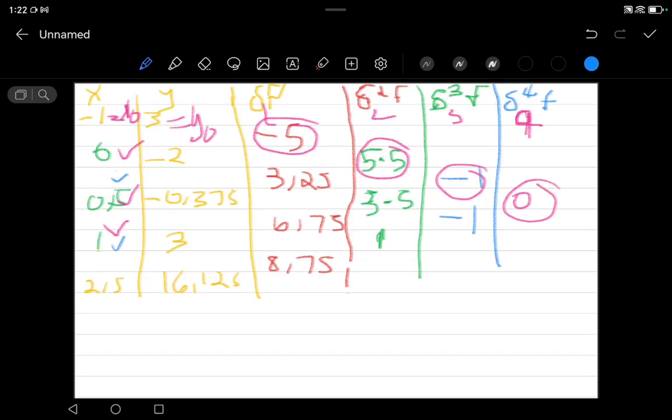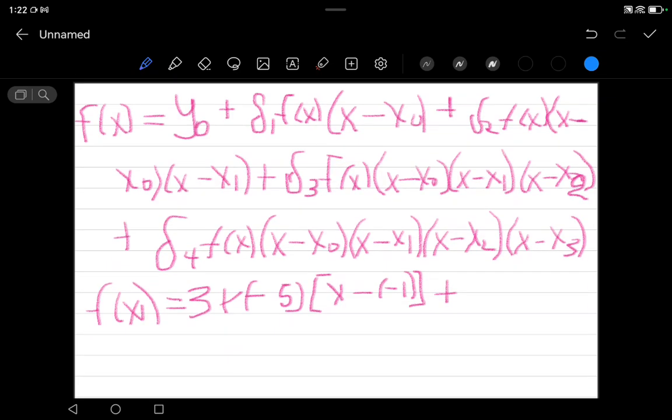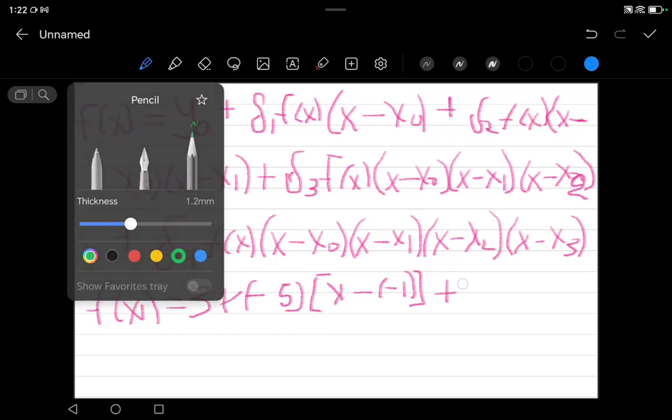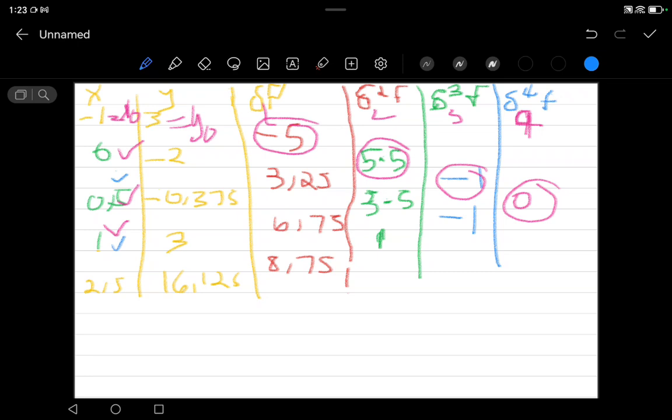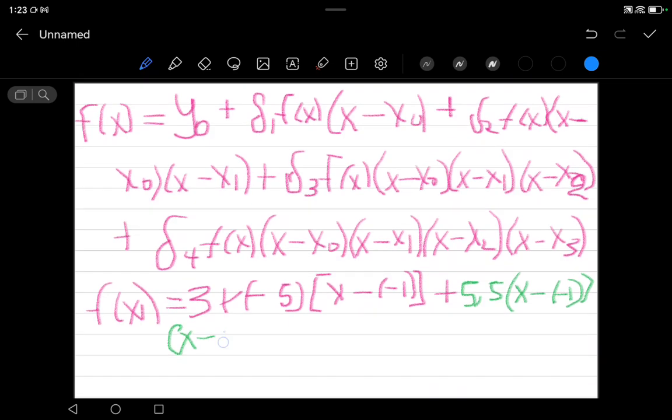Our delta 2 is 5.5, into x minus into minus 1 because it's x0. And then multiply by x minus x1. x1 is 0, so it's going to be minus 0.